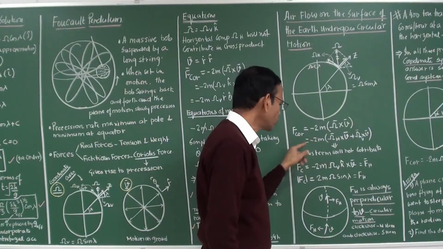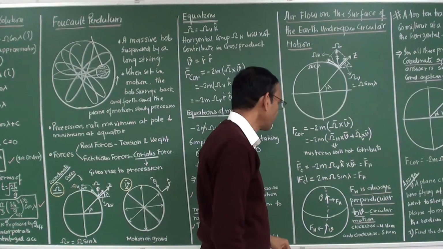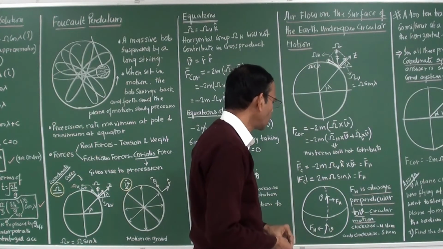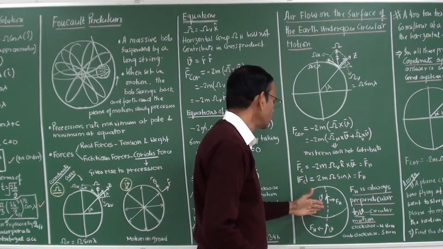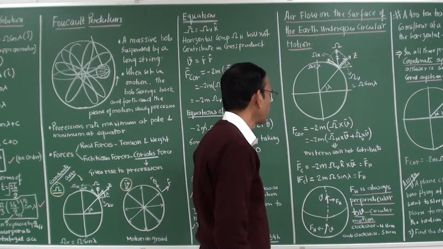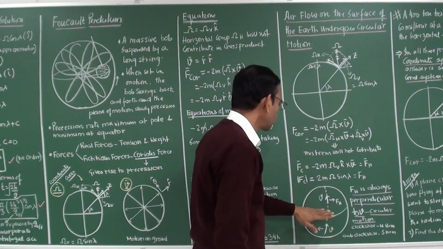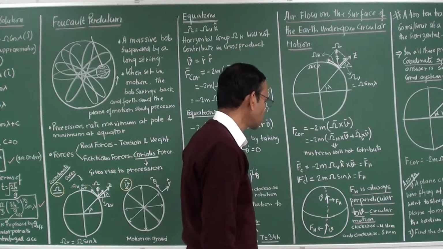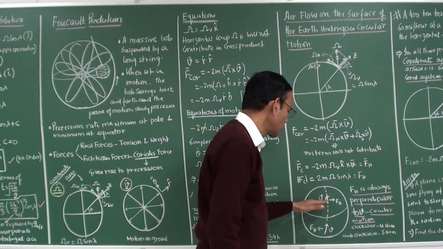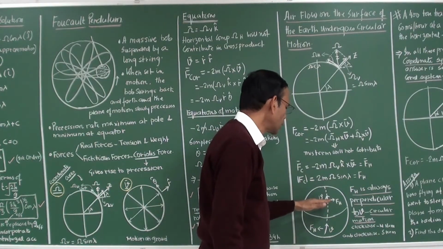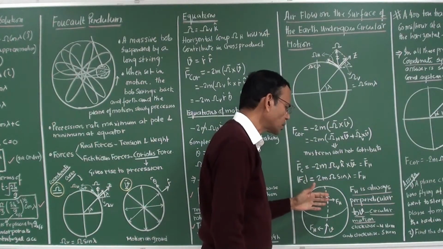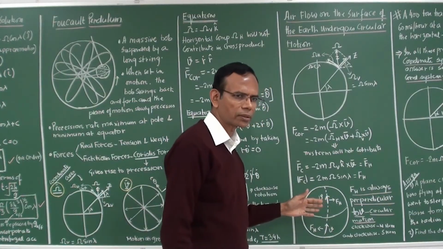So if you see omega h cross v, if you do it, v is in this direction, and omega is also in this direction. Where is the omega? Omega is along the surface. So basically that will be 0. But suppose it is on the other side, then also omega h cross v will give some kind of vertical component.